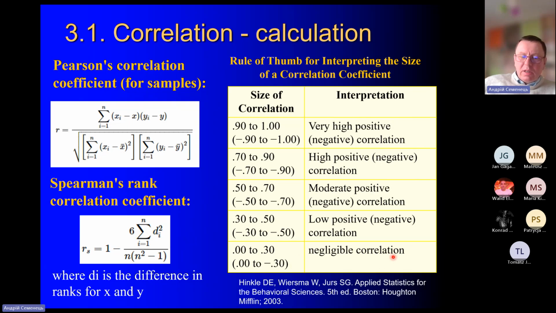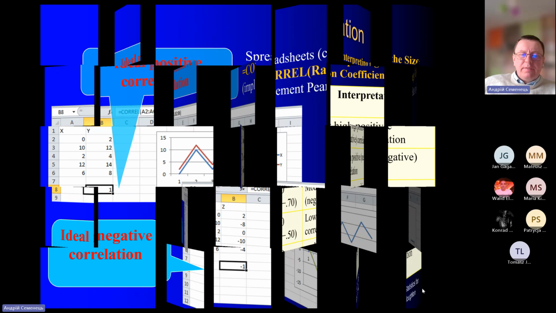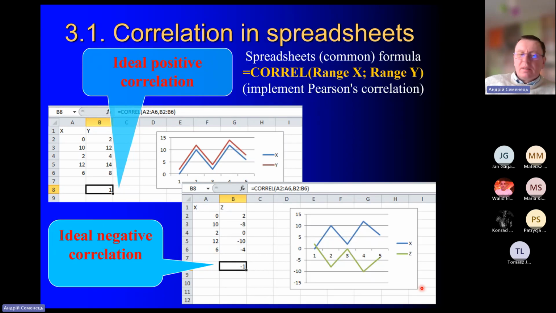And if there is no correlation, it's close to 0. So here we have the given source. If you suspect a relationship between data and you want to prove whether it is present or not, correlation is applicable by data type. So it can be done this way. And here we have, for example, the CORREL function in a spreadsheet, which can give you an example of ideal positive and negative correlation, which in fact almost never happens.